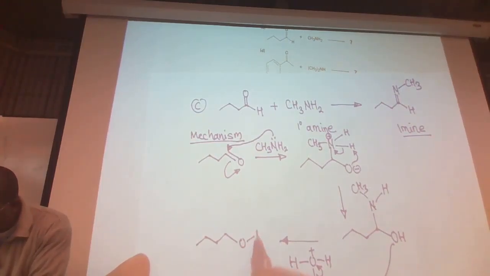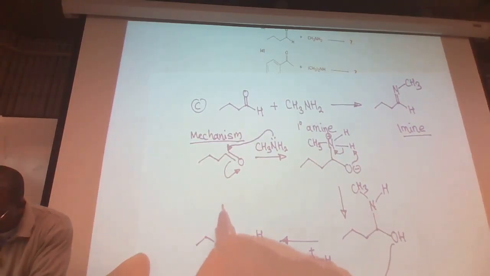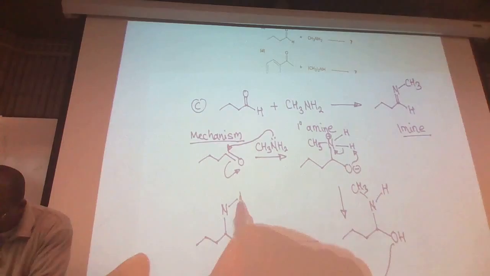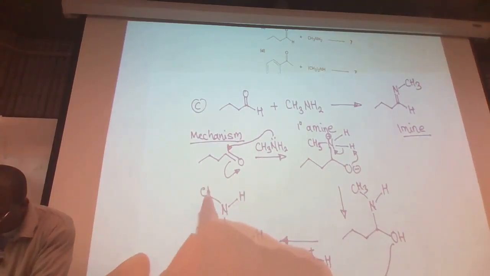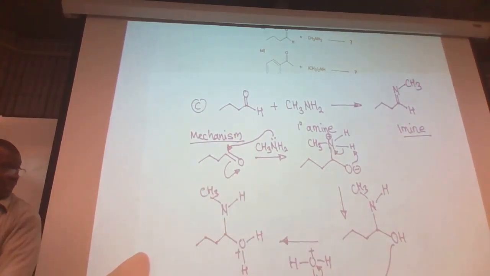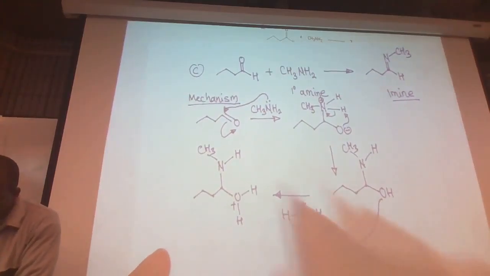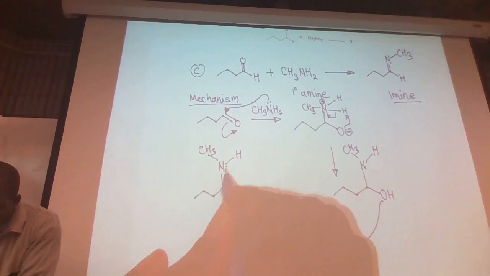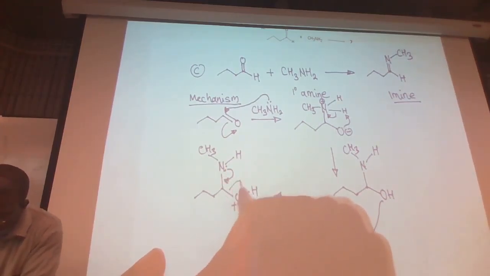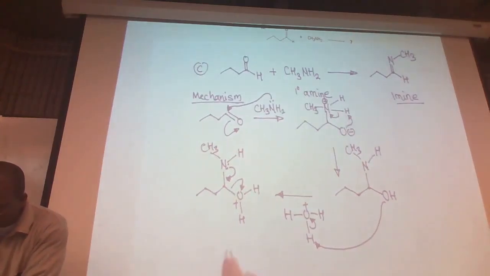So now you have the nitrogen, the hydrogen, and the methyl group that you have on it. Okay? So the lone pair of electrons on the nitrogen is now going to be used to make a double bond with that carbon, kicking out water as a leaving group.